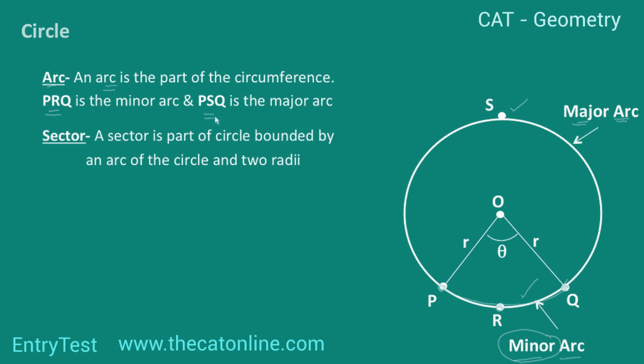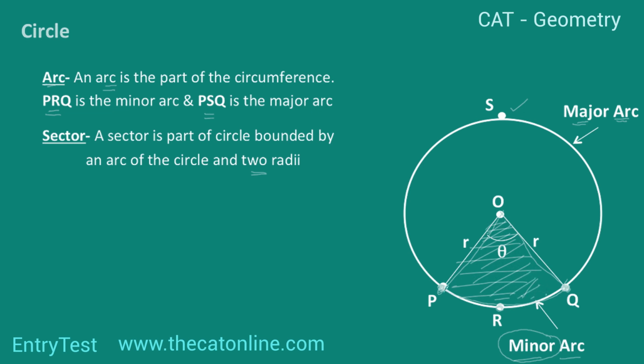The next one being sector. Sector is a part of the circle bounded by the arc of a circle and the 2 radii. So sector is basically a part of the area of the circle. If I join the 2 endpoints of the arc with the center of the circle, P joined with the center and Q joined with the center, the part of the area that I get is the sector.